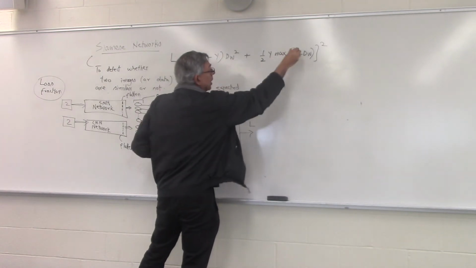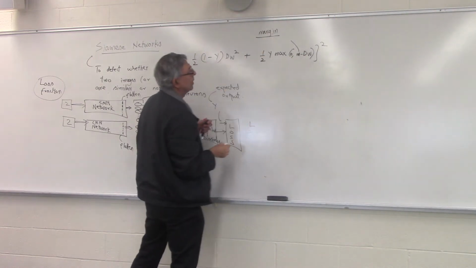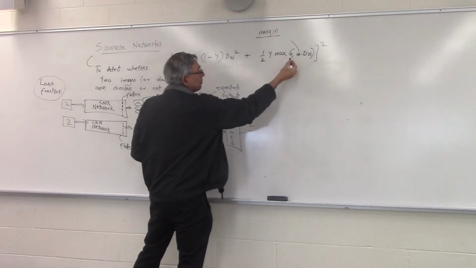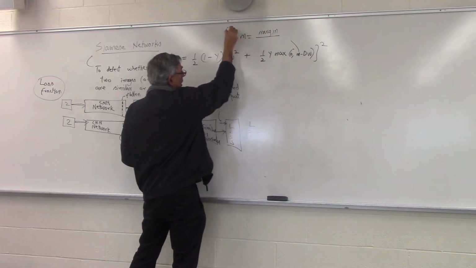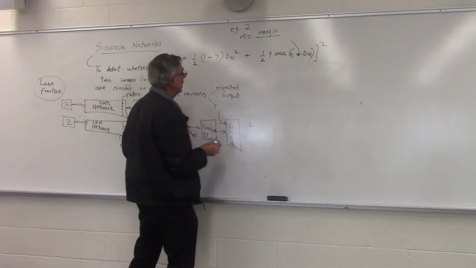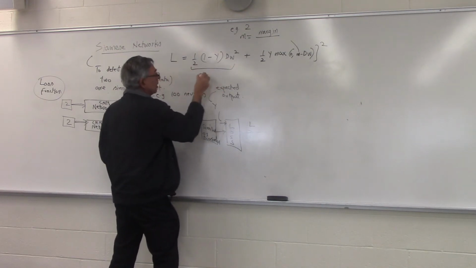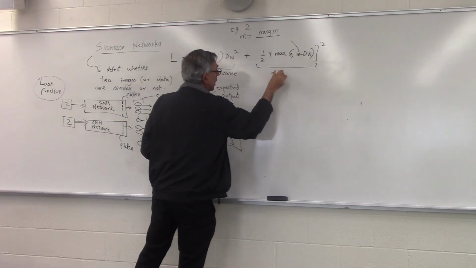M over here is what we call the margin. So maximum of 0 and the margin, where the margin could be, for example, 2. All we are saying is, this part takes care of the similar cases, and this part takes care of the dissimilar cases.